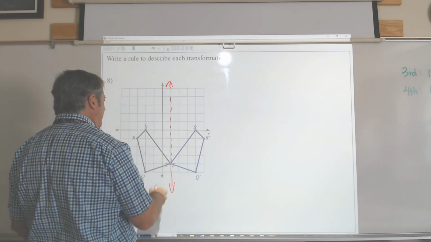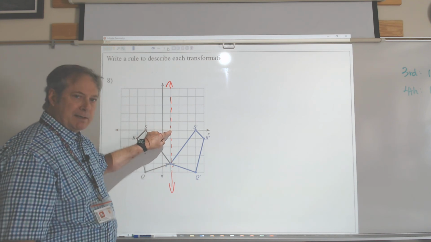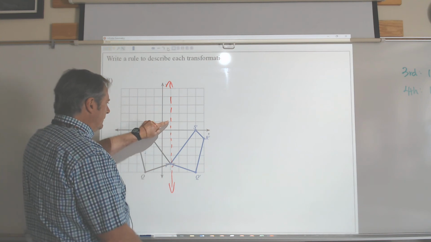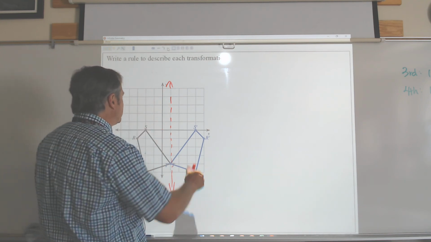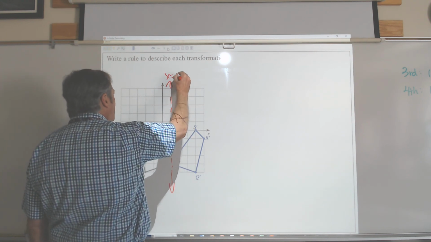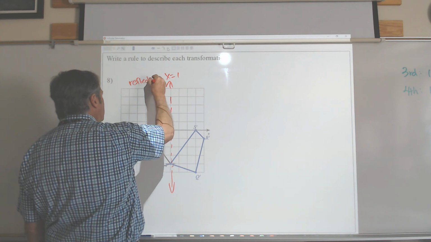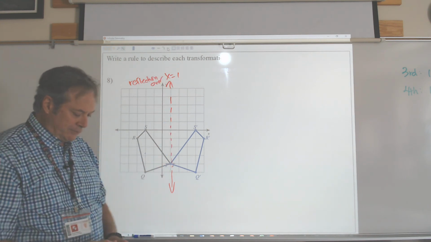Now, what is that line? Is the x value here a 1? Is the x value there a 1? Is the x value there a 1? Sure. So that's the x equals 1 line, and so you would call that a reflection over the x equals 1 line.